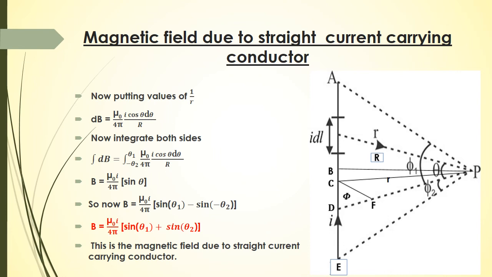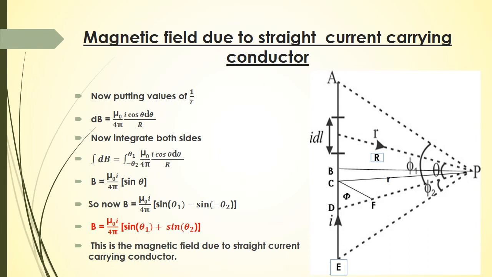So dB equals mu naught upon 4 pi, I d theta cos theta upon capital R. Now you can see I have deleted dl; there is no more. I changed dl into r d theta, and all are converted to theta and capital R, because r and dl are not given quantities, and theta and capital R are given quantities.